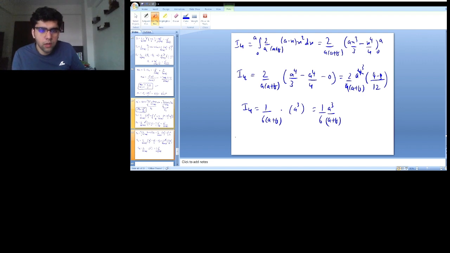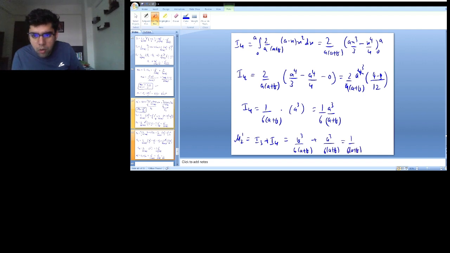Now adding I3 plus I4, which gives me b cube upon 6(a plus b) plus a cube upon 6(a plus b). Now adding both of these, taking out 1 upon 6(a plus b) common.